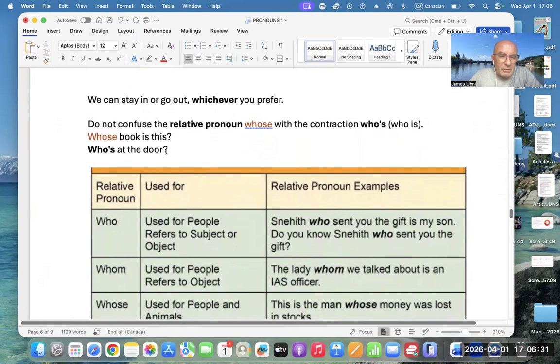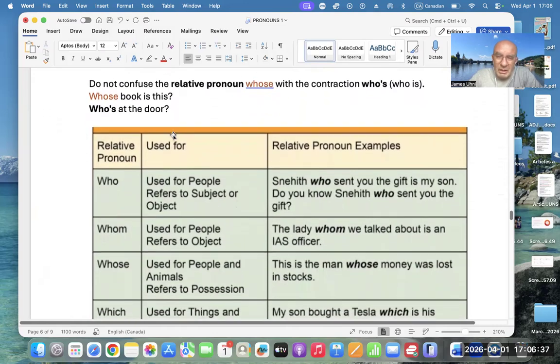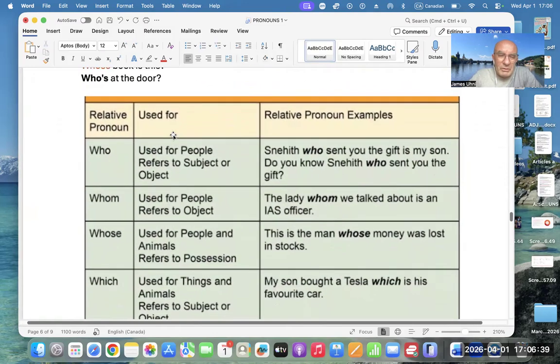Who is at the door? These are very big differences. Now, pronouns are difficult, and I will return to them at least one more time. So we have relative pronouns. They are used for people, referring to the subject or object.